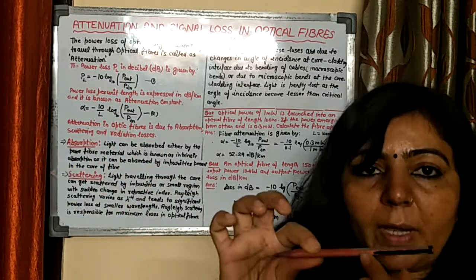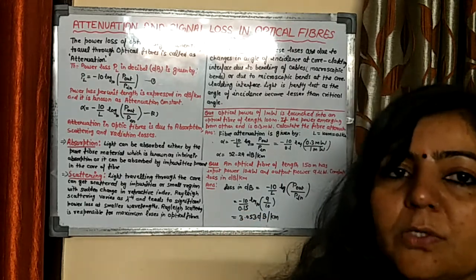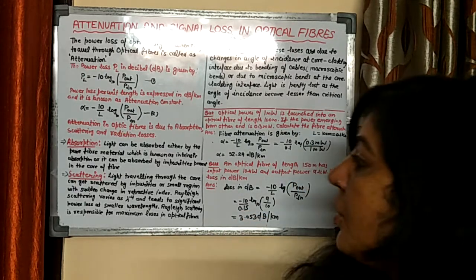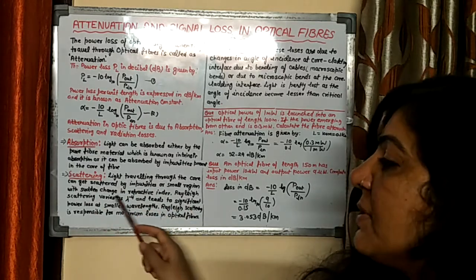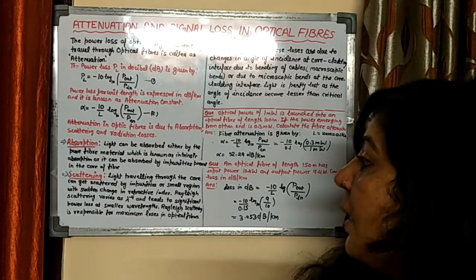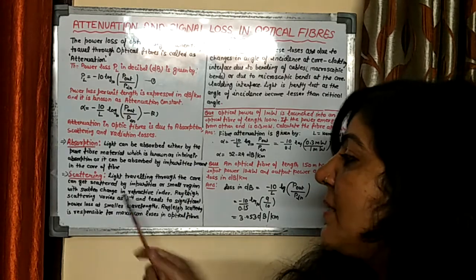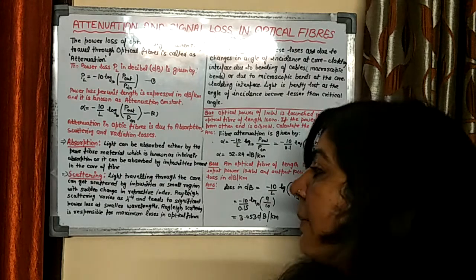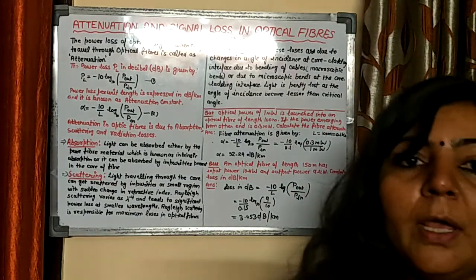But if the light strikes that impurity and gets scattered, then that type of loss is known as scattering loss. There is one term known as Rayleigh scattering. Rayleigh scattering is inversely proportional to lambda raised to power 4, and it plays a significant role in power loss in optical fibers.